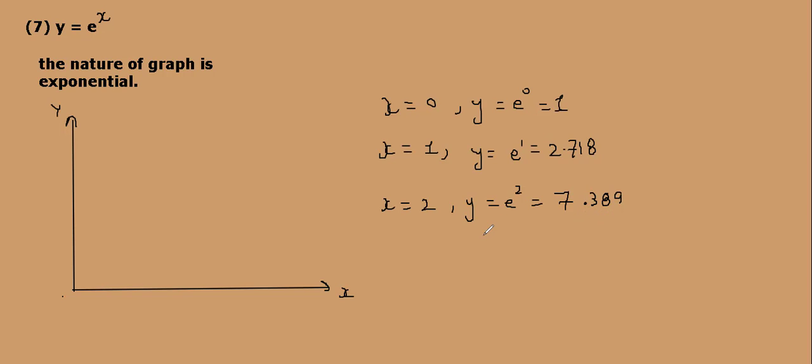So see here, a very, very fast rise has been observed. Similarly, x value is equal to 3, then y value is rapidly moving, e raised to the power 3 comes out to be 20.085. So see here, the difference is very, very large.